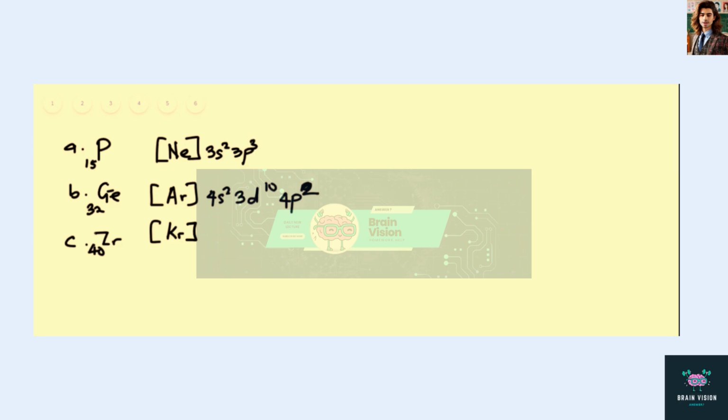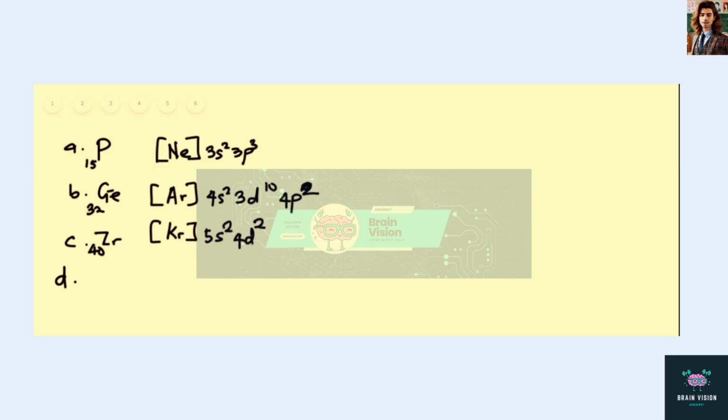It will have a 5s orbital, because strontium has 5s2, right? And then we'll be left with 4d. Zirconium is the second transition element, so it's going to be 4d2.